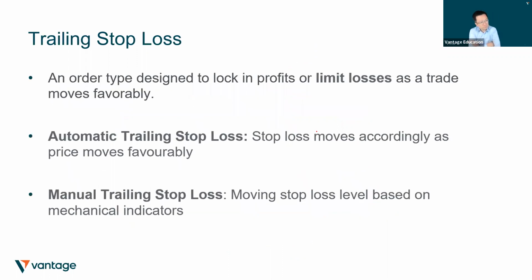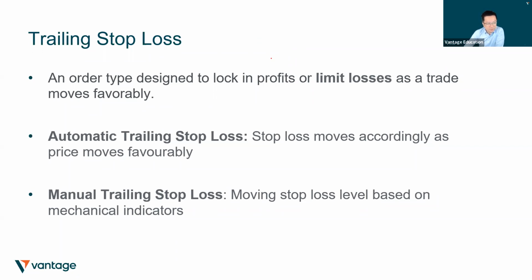Okay, so to the main feature, coming down to trailing stop losses. What is a trailing stop loss? It's basically an order type that's designed to lock in profits or to limit losses as the trade moves favorably. A lot of times you enter a trade, I'll scribble on this now.